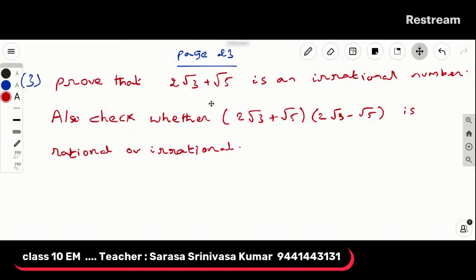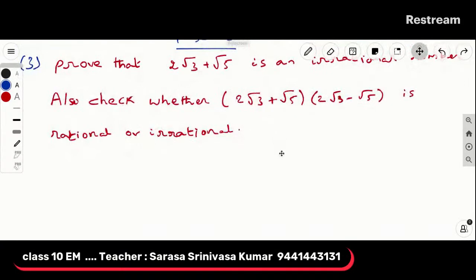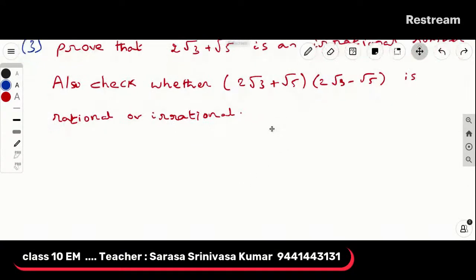So we have to prove that the number 2 square root of 3 plus square root of 5 is an irrational number. To prove this, we follow the contradiction method.